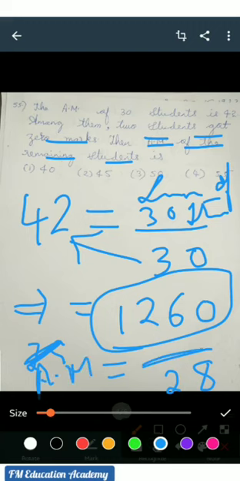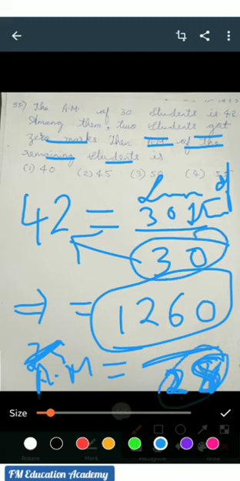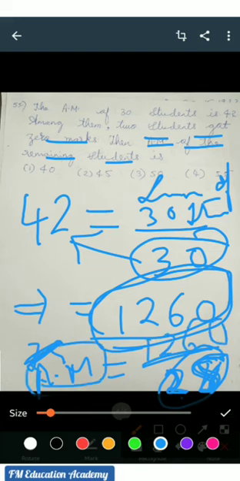Why am I writing 28 in the denominator? Because it is equal to total number of outcomes. Here total number of outcomes have become 28 from 30 because 2 students have been subtracted. And what is the sum of 30 students? We got 1260. Also the sum of 28 students is 1260. Why? Because 2 students are getting 0 marks. 0 plus 1260 is 1260 only. So we have to divide 1260 by 28 for finding the arithmetic mean of 28 students.